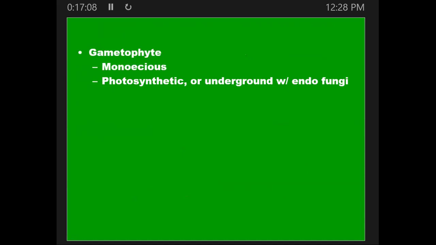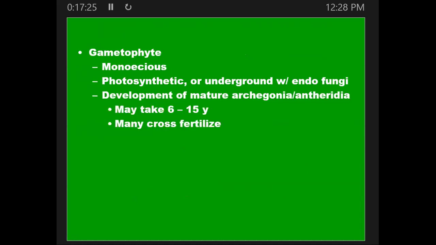It can be photosynthetic, depending on the species. It can associate with mycorrhizal fungi. And this gametophyte takes a while to complete its life cycle and get fully functioning sperm and egg. It can take a long, long time, 6 to 15 years.